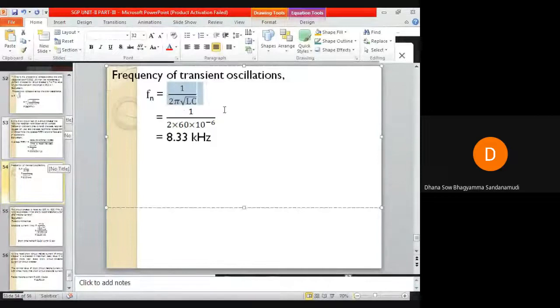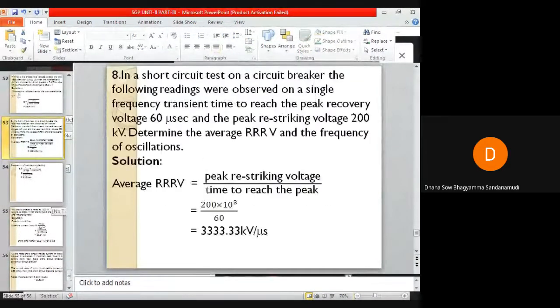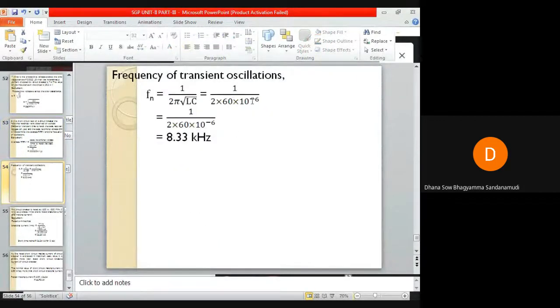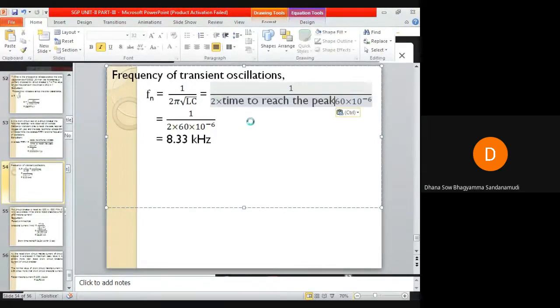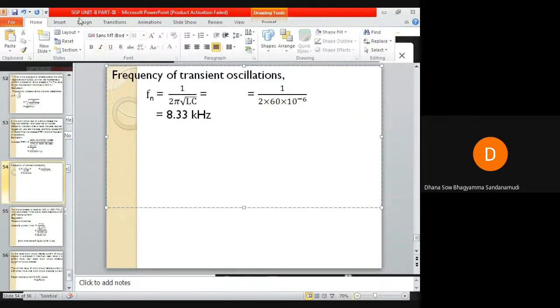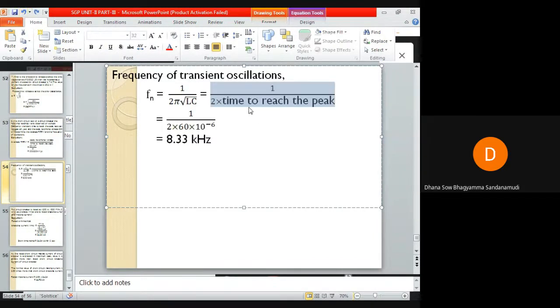I can add one more term here so that it will be clearer to you, then you will not be confused.